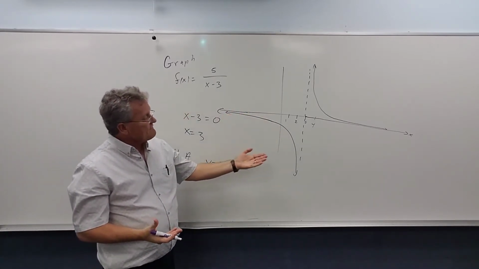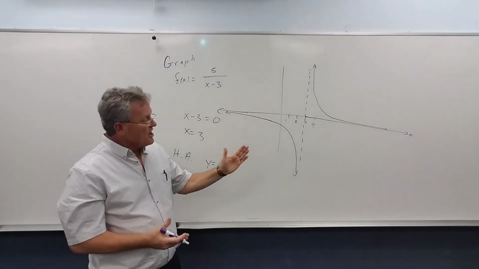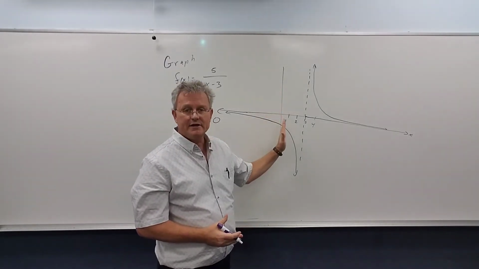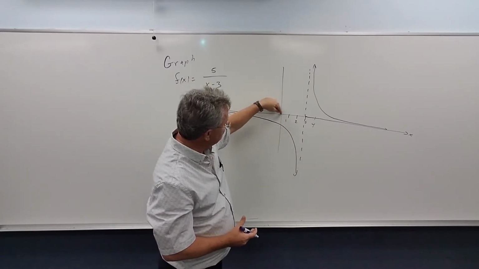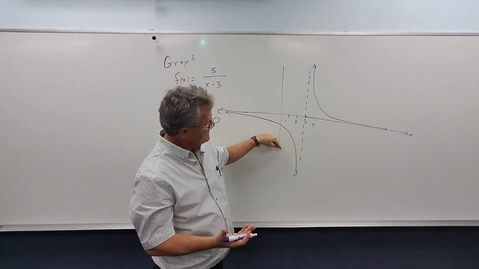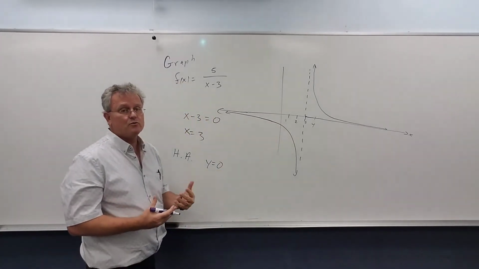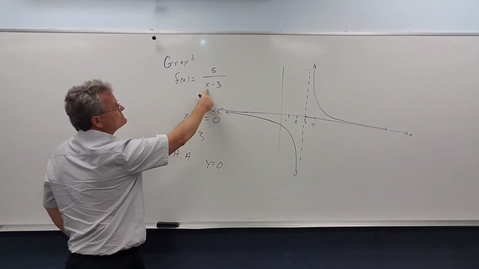Where is this graph going to intersect the y-axis? In other words, we're finding the y-intercept. What is the value of x everywhere on the y-axis? x is 0. So to find out where our graph crosses the y-axis, we let x equal 0.